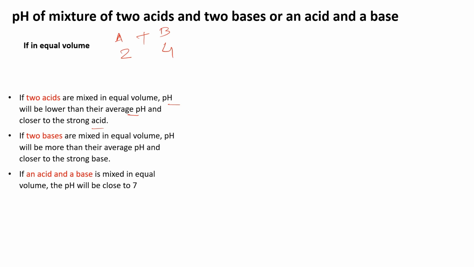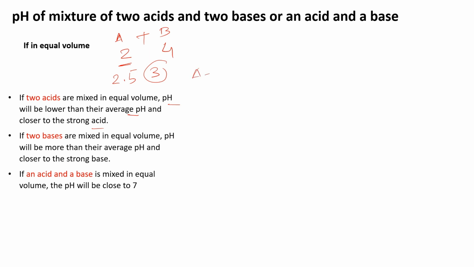So the average is 3, but you won't get the result as an average of their pH. It will be less than the average and closer to the strong acid. So maybe you can get 2.5, for example. Clear? The same theory applies for bases also.